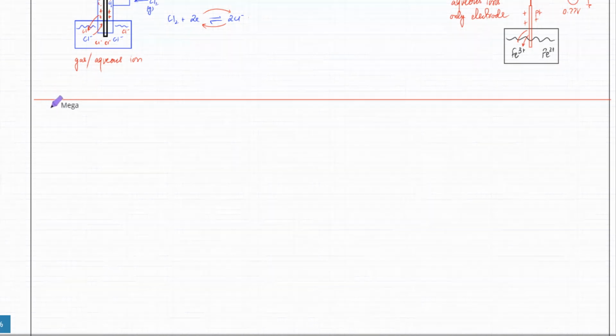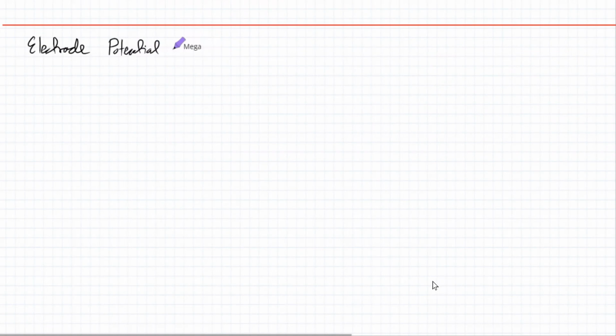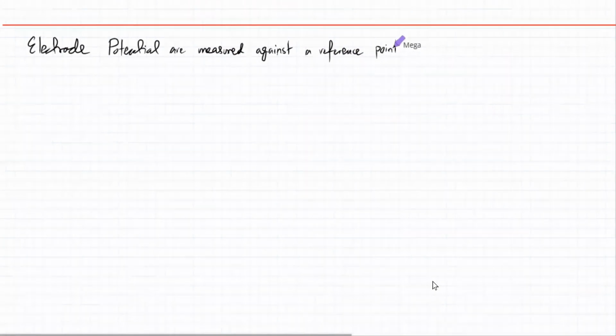Electrode potentials, or any value, are measured against a reference, against a reference point.